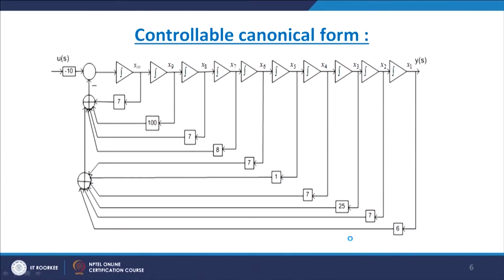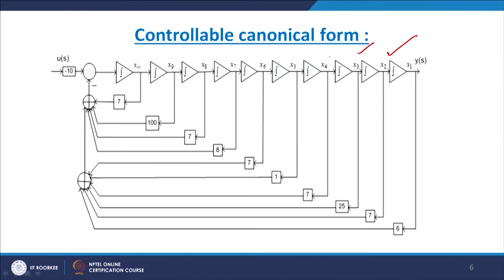Now, this is the block diagram of the controllable canonical form, that is, the companion form. As the order of the system is 10, how many integrators are required? We require 10 integrators. So, here integrators 1, 2, 3, 4, 5, 6, 7, 8, 9, 10.